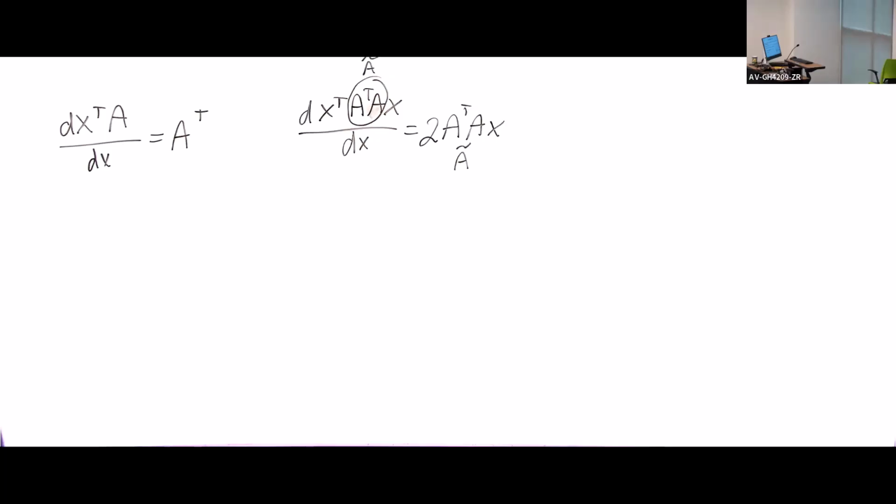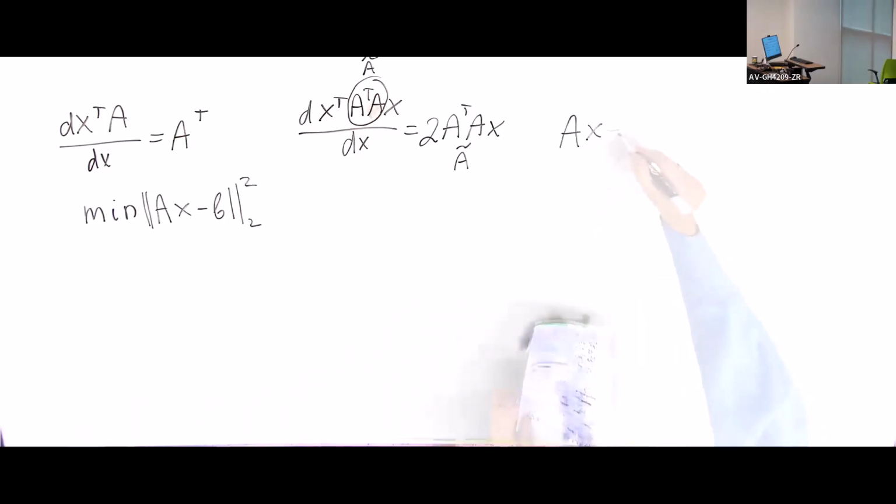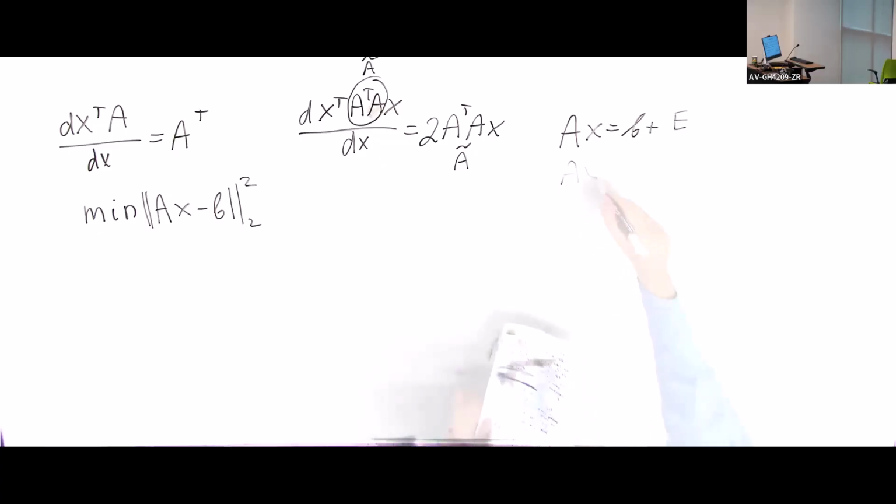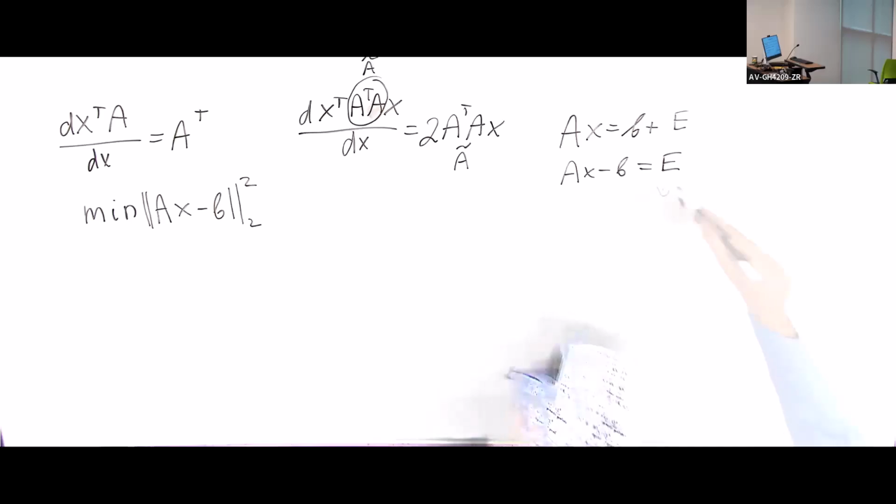Now what we are looking for is to minimize that norm. These are the errors, right? Our system was AX equals B plus some error, so AX minus B is that error, and you want to minimize it.